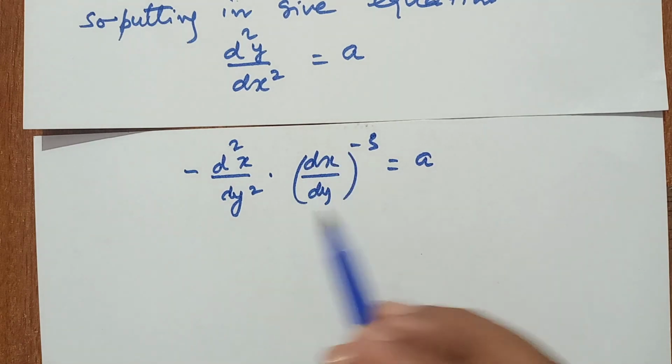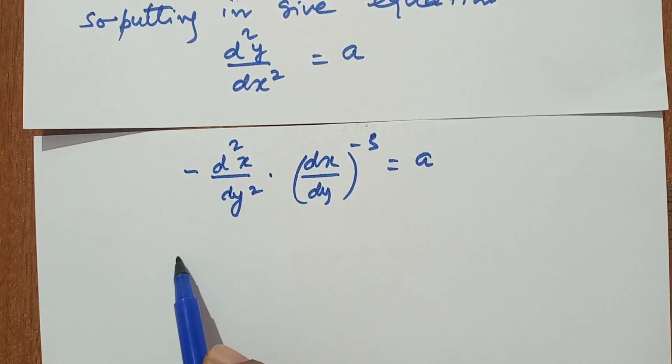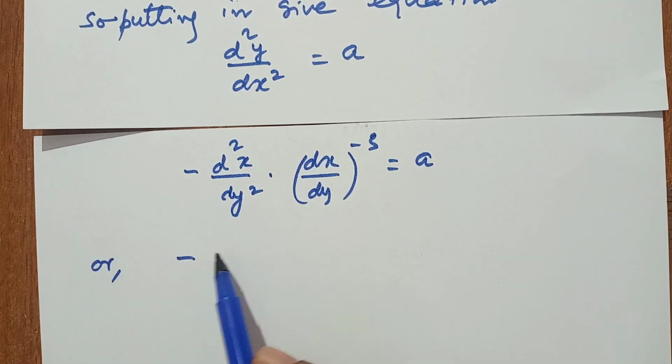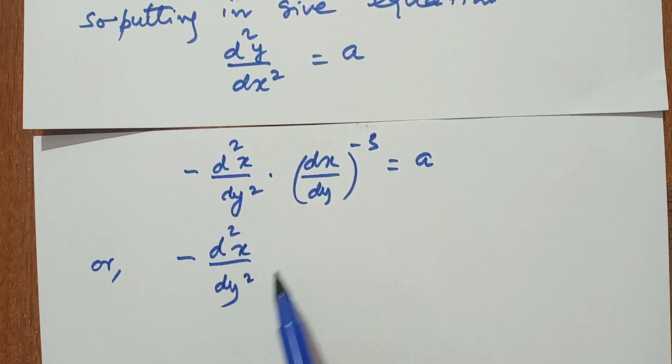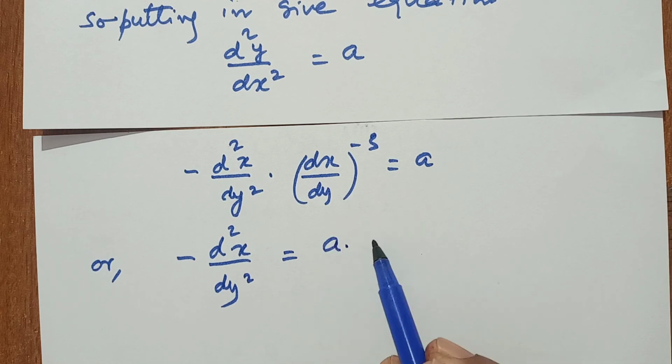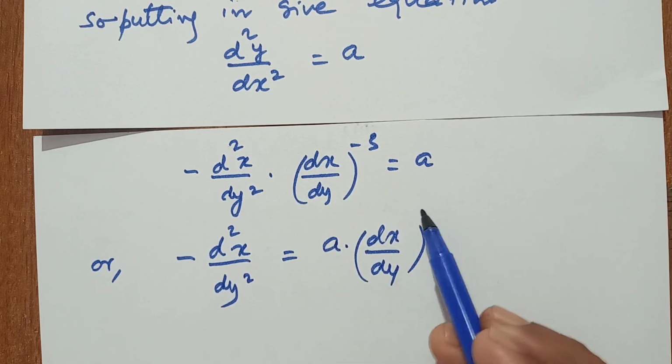Now multiplying by this factor on both sides, this can be written as minus d2x by dy2 is equal to a (dx by dy) to the power 3.